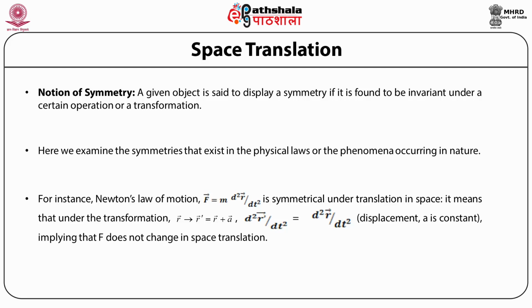Thus we can see that even if we make a transformation of the position vector going from vector r to vector r prime, the force F does not change under such a translation, and hence we can say that the force is invariant under space translation.